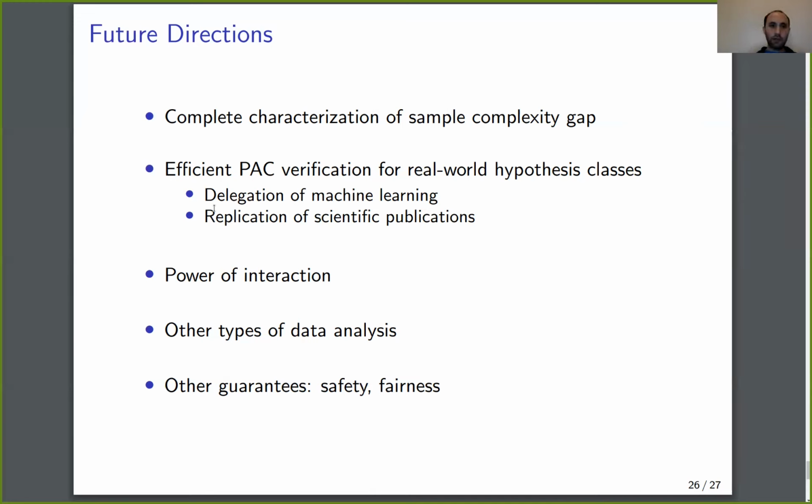Another thing that would be interesting to look at is the power of interaction. If we allow more rounds of messages being exchanged between the prover and the verifier, does that make PAC verification easier or not? How is the power of PAC verification related to the number of rounds in the interactive proof?